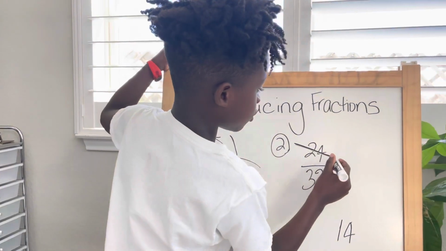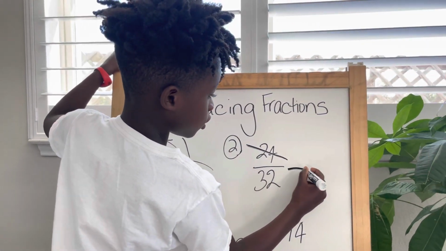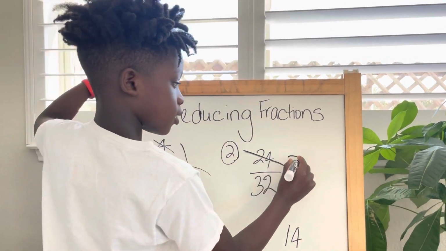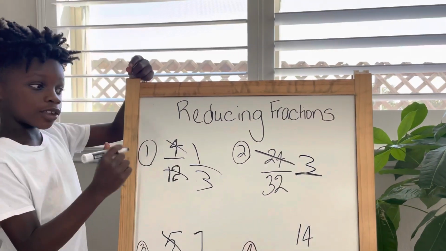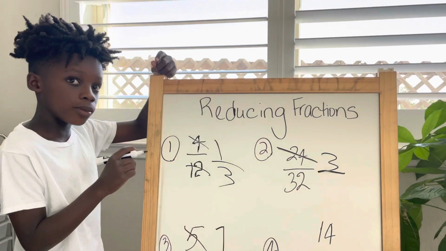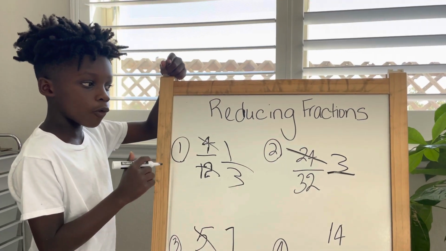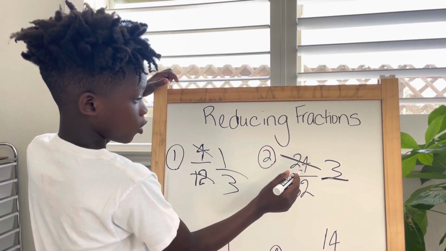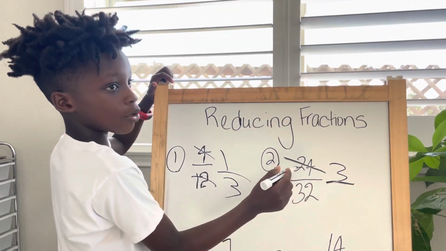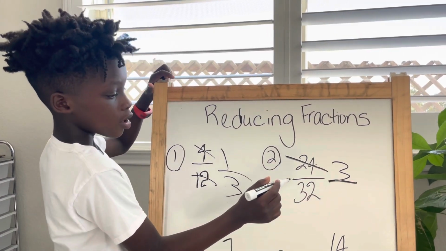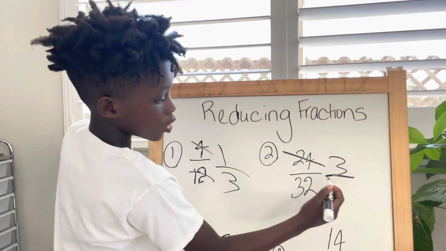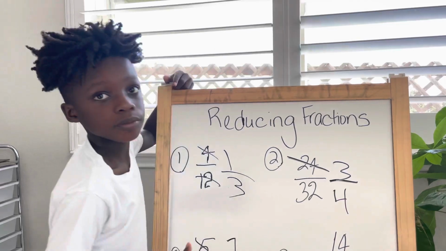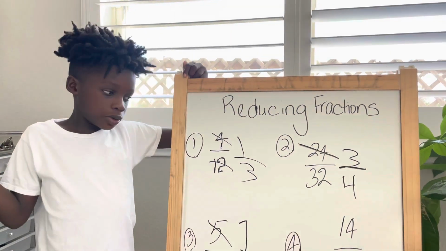So if you divide this by 8, you get 3. And if you divide 32 by 8, you get 4, because 24 plus 6 is 30, and with the 2 more you have left, you get 32. So it's 3 over 4. It's the lowest you can do it.